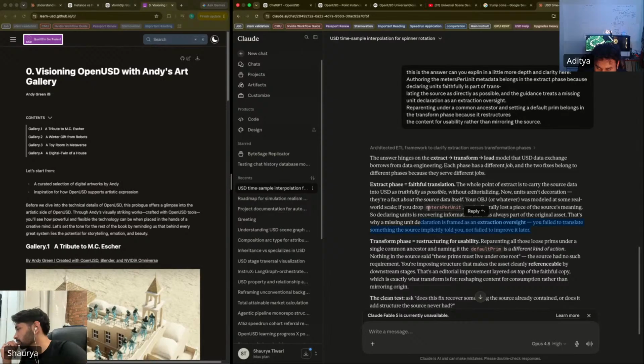Nothing in the source said these prims must live under one root. The source had no such requirement. You're imposing structure that makes the asset cleanly referenceable for downstream stages. That's an editorial improvement layered on top of a faithful copy, which is exactly what transform is for. I see. So extract phase is faithful translation and transform phase is restructuring for usability. It makes sense now.